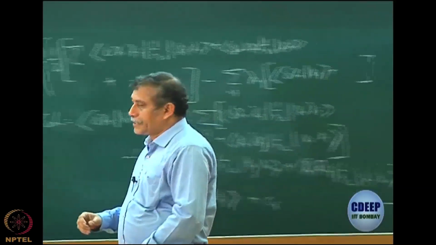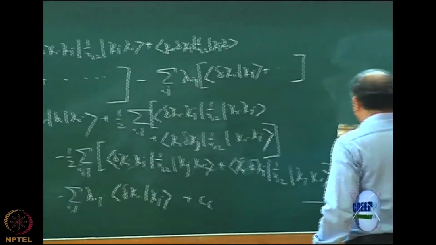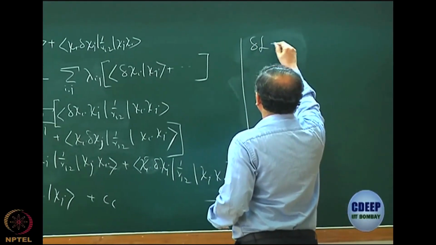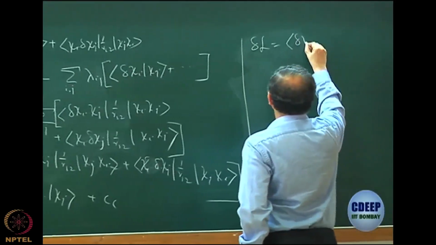So if you do this, then I can have a further simplification. And since these two terms are the same, now I will not write half. So half will go off. So of course the first term remains as it is, delta chi i h chi i.